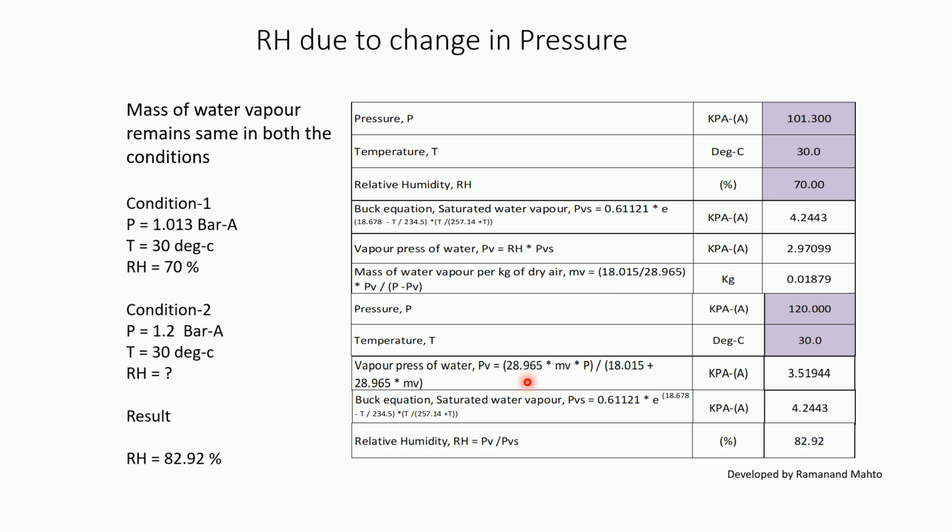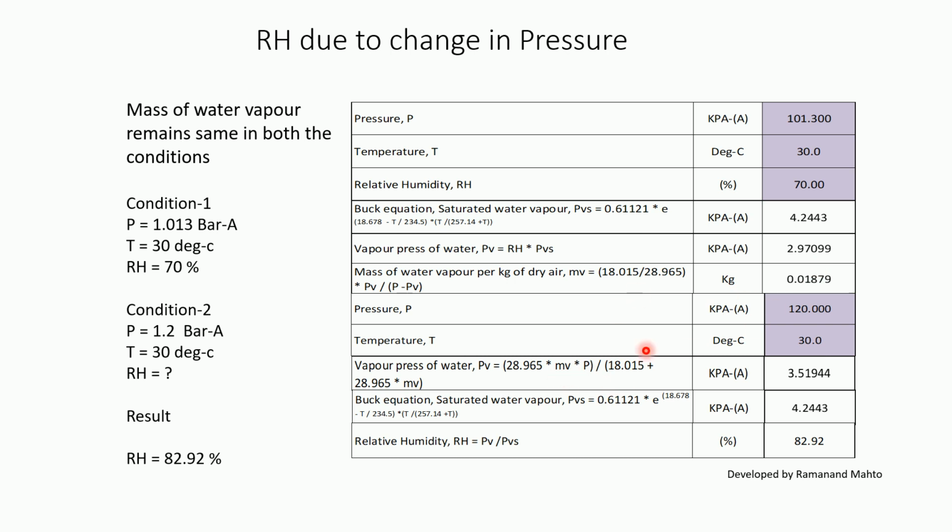Now case 2, P has now increased, it is now 120 kilopascal. Temperature is the same, 30 degrees Celsius. Now using this equation, we have to calculate PV, where mv is the same as case number 1.